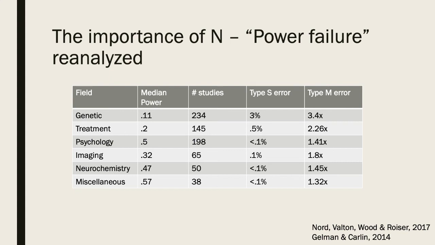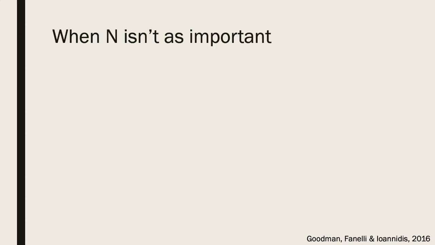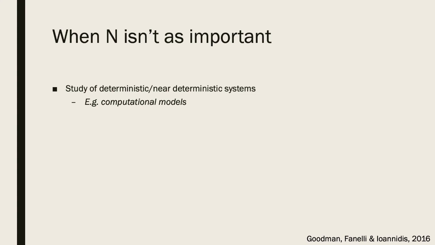But as I pointed out, N isn't always the be-all, end-all of your work. There are occasions when N isn't as important. This is taken from a paper by Steve Goodman and some of his colleagues a couple of years ago. If you're studying deterministic or near deterministic systems, obviously your power is basically infinite in that case. Or if you're doing something like a proof of principle, right? So think of Dolly the sheep or human limb regeneration.